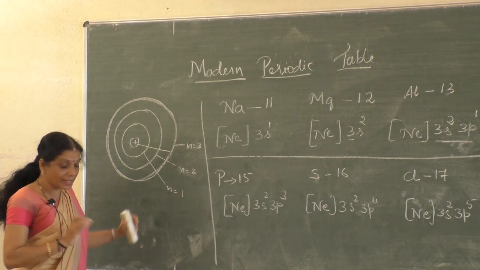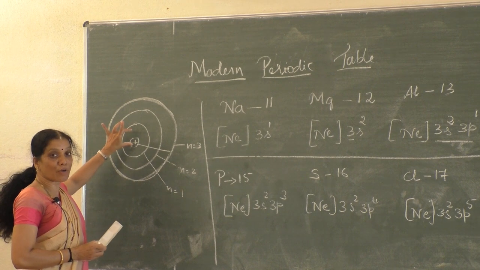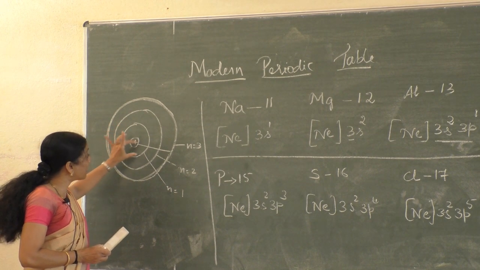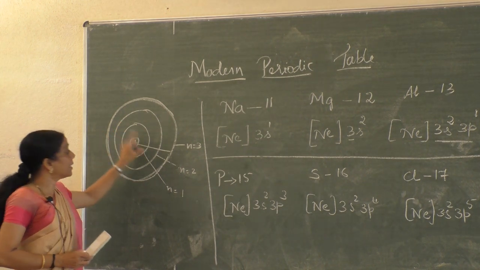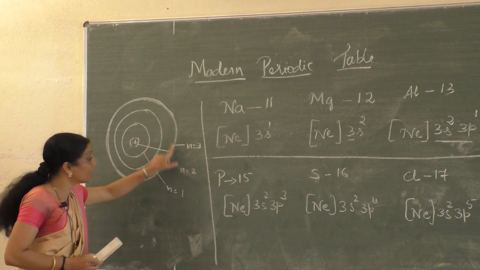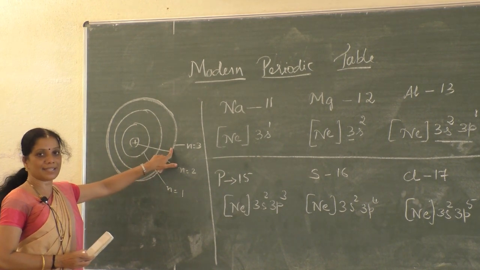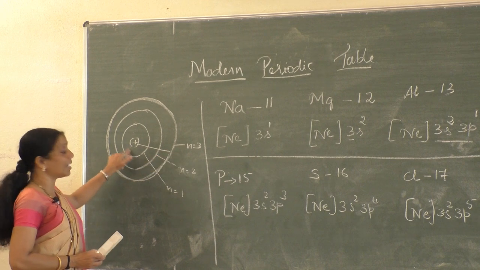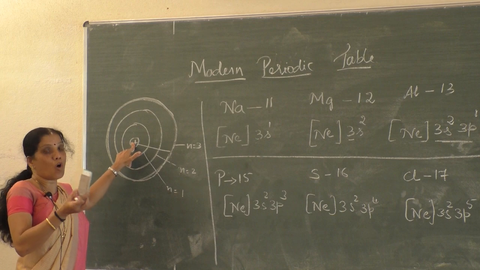Increases. Hence, the force, nothing but nuclear force of attraction, what happens? Increases. Distance doesn't change, isn't it? All the electrons enter into the third main energy level itself. Distance doesn't increase, but the nuclear force of attraction, what happens? Is more.